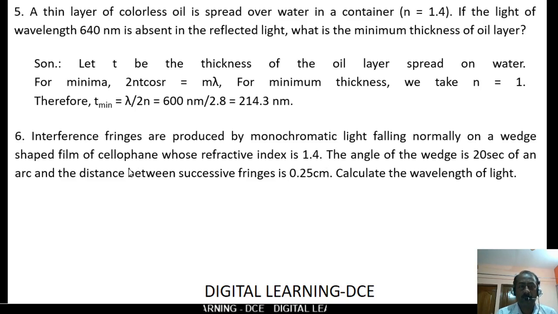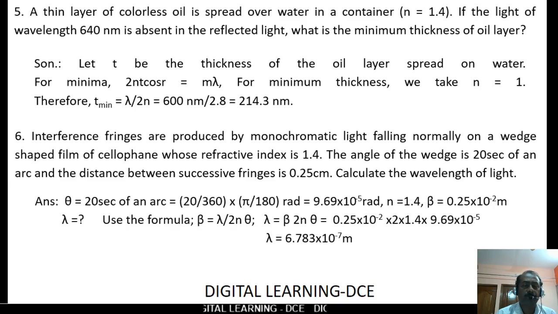The refractive index of cellophane, the thin film, is given. The angle of wedge is 20 seconds of an arc, theta, and the distance between successive fringes is 0.25 centimeter. Calculate the wavelength of light.